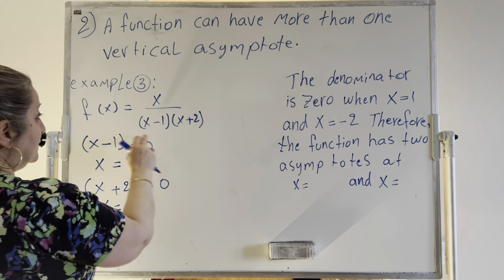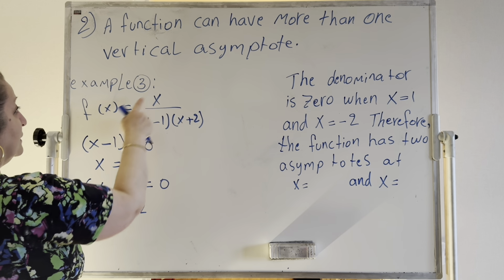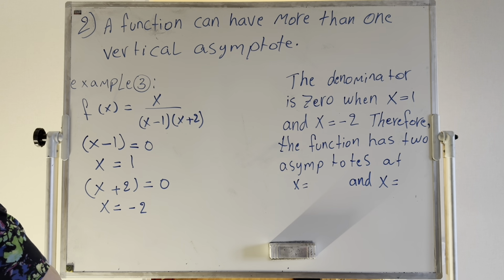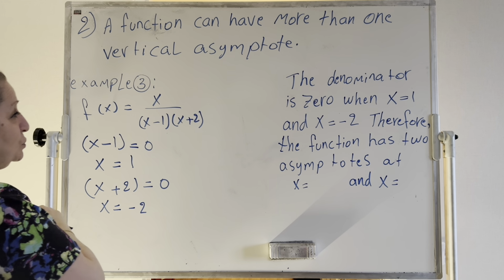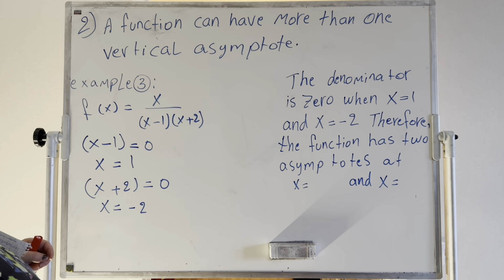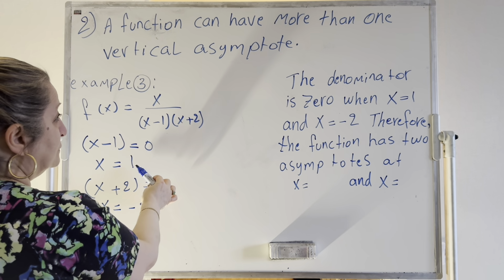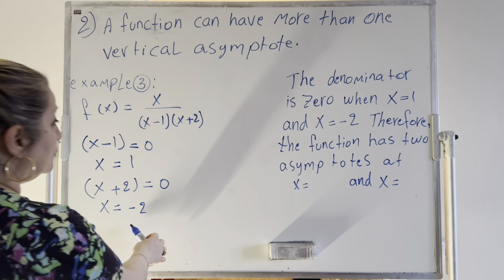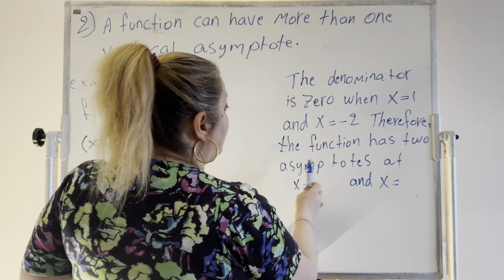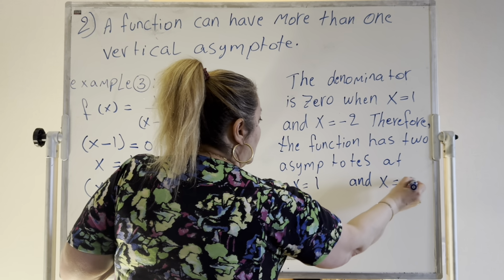And I see when I substitute minus 2 for x here, the other factor is a number, not 0. Then I will say there will be two vertical asymptotes in this example. The denominator is 0 when x equals 1 and when x equals minus 2. The function has two asymptotes at x equals 1 and x equals minus 2.